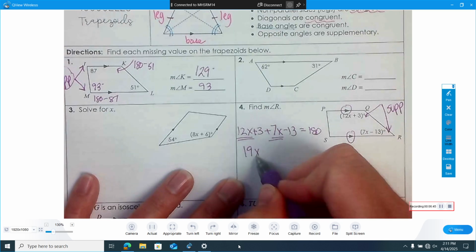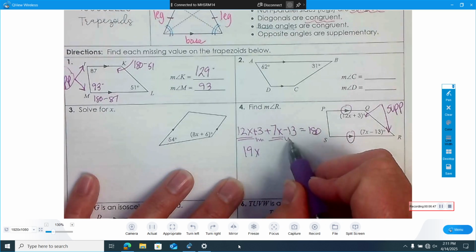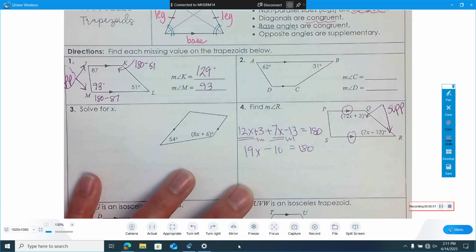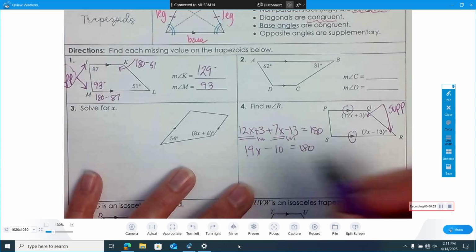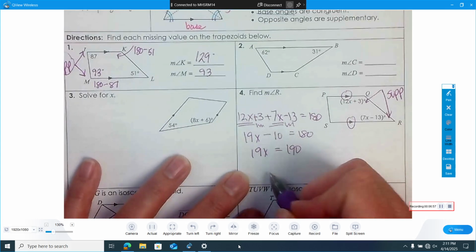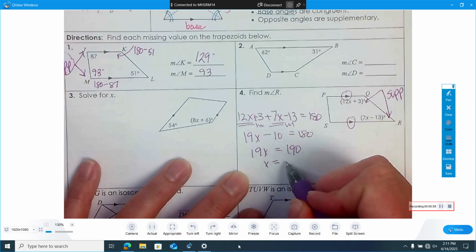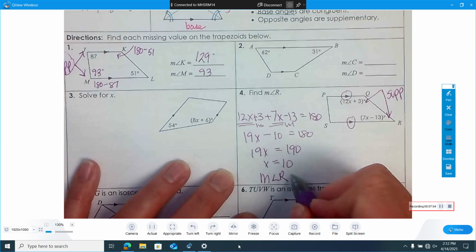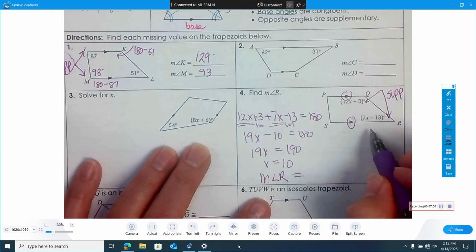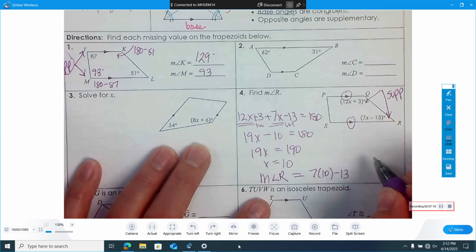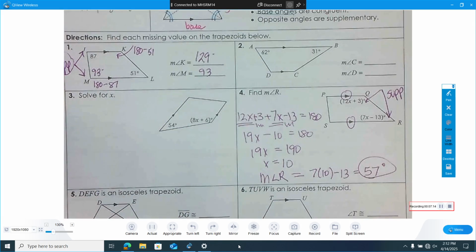That's 19x, and positive 3 and negative 13 is negative 10, equals 180. What do I do next? Add 10, so we get 19x equals 190, and then divide by 19, we get x equals 10. Great. And so the measure of angle R is 7 times 10 minus 13, 57 degrees. Fantastic.